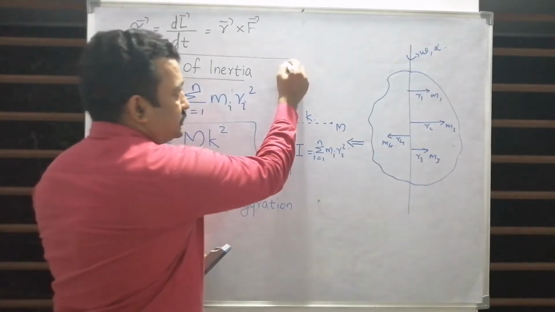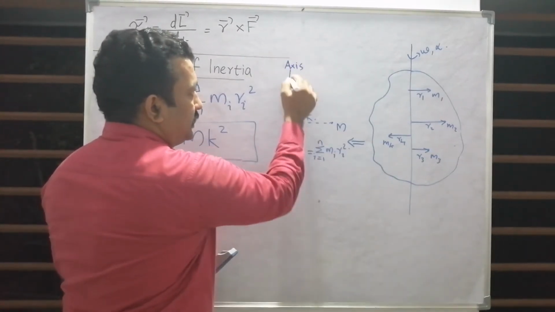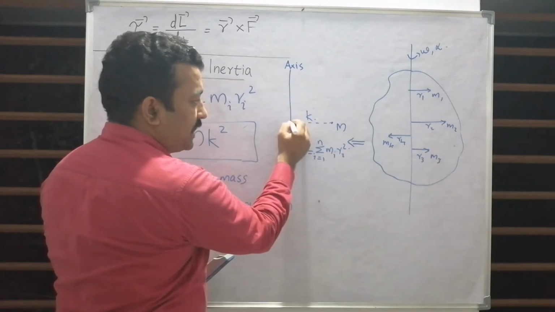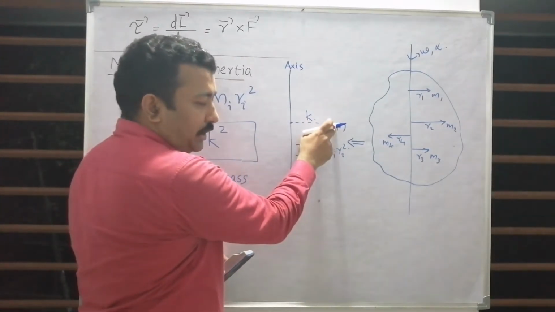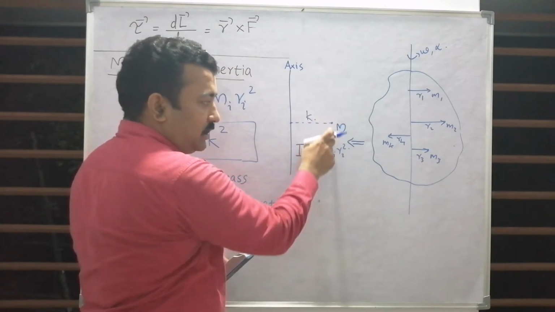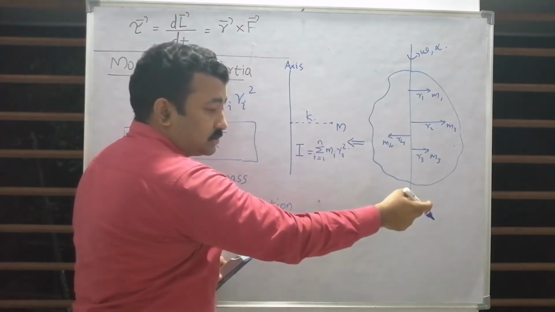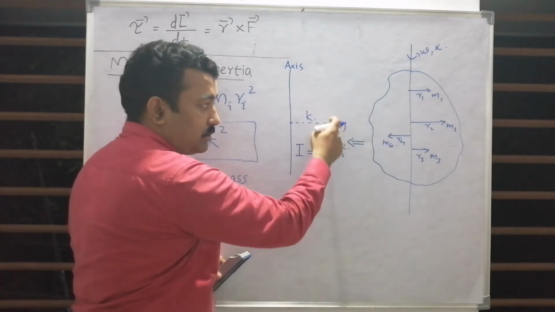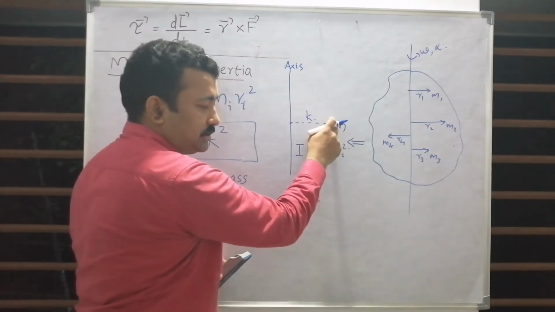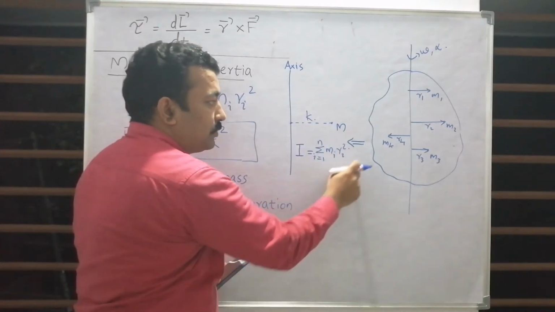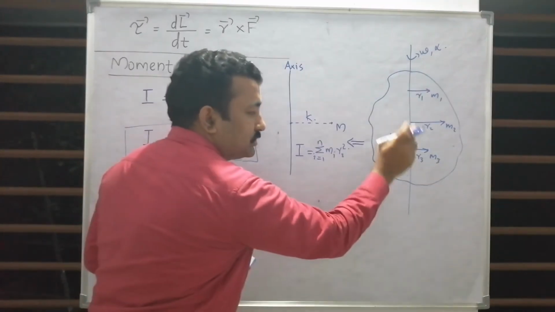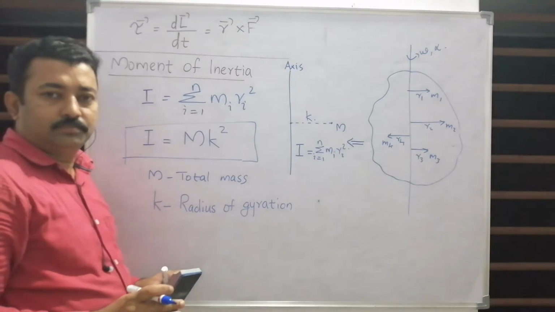Radius of gyration is the distance from the axis of rotation to a particular point at which the entire mass is supposed to be concentrated, and which gives rise to the same value of moment of inertia as the original system. What is that?